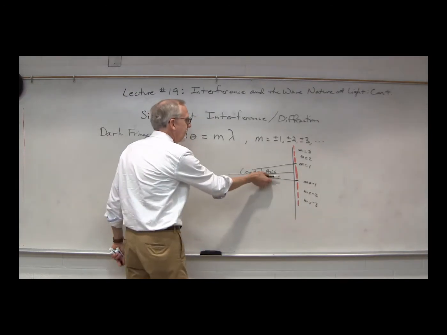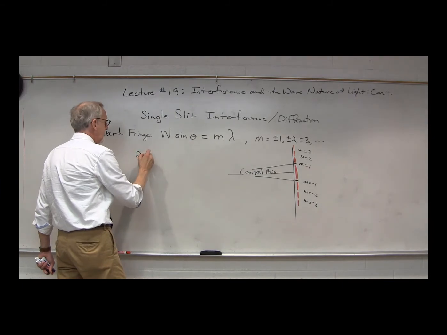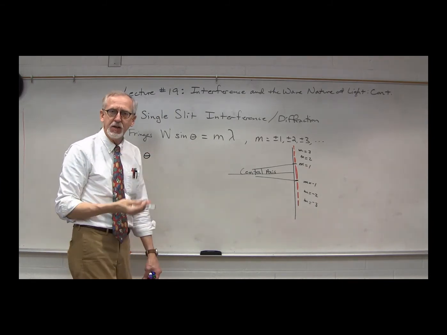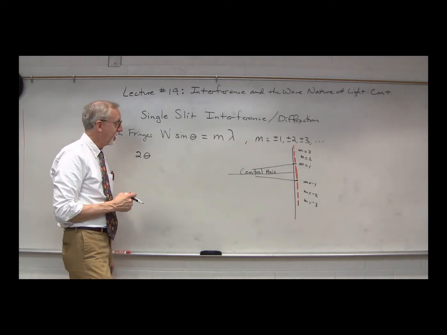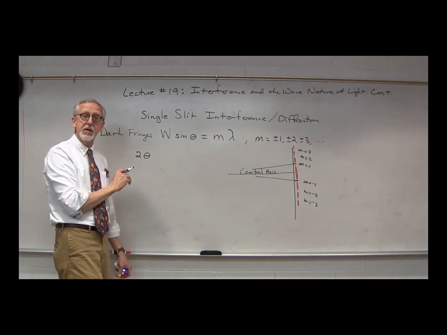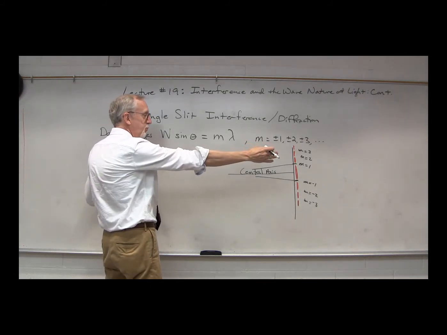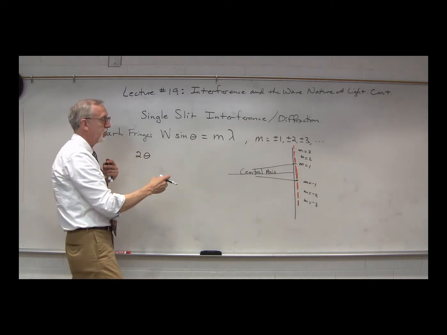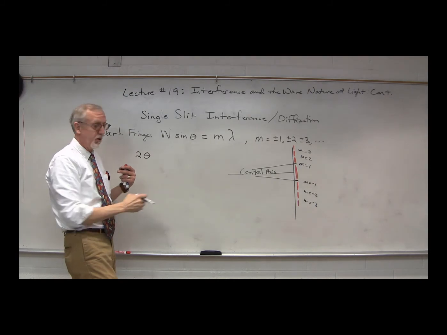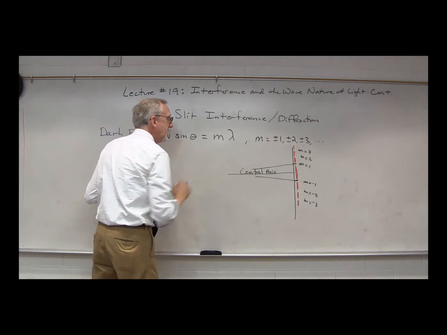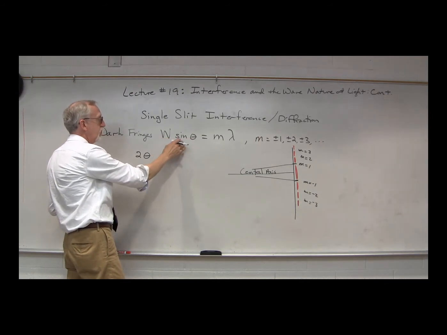In other words, what would that angle be? Well, it's a theta above, theta below. That would be 2 theta. So how could we find 2 theta? That would give us the width of that central bright fringe. Well, we could use the small angle approximation, as long as the fringes are basically small compared to the distance from the slits, in other words, compared to L, we can assume that sine theta is very similar to theta.